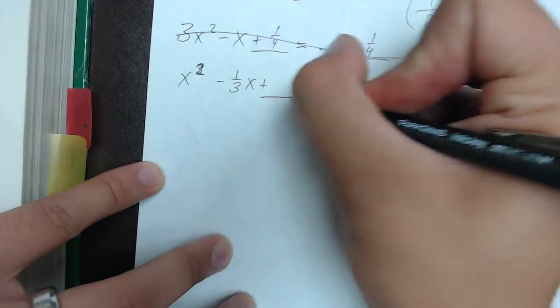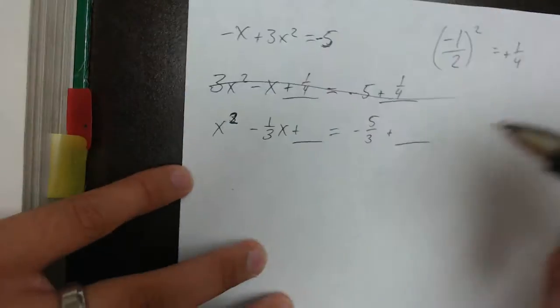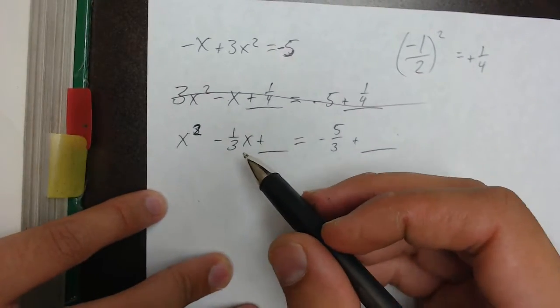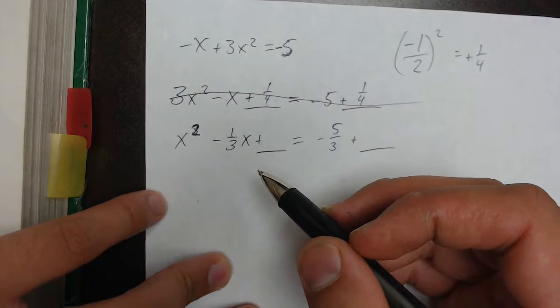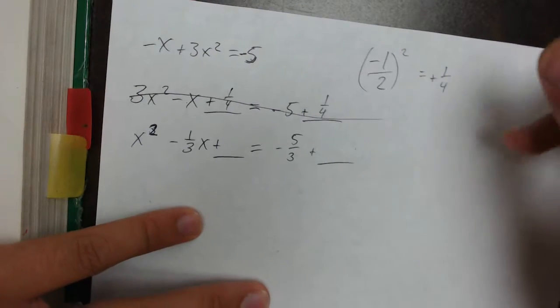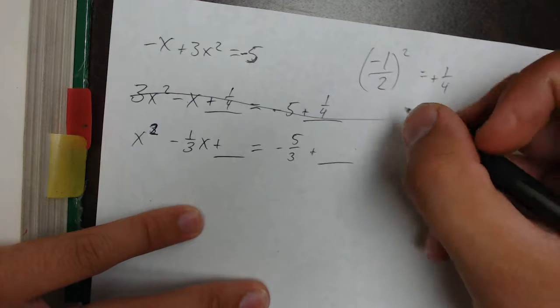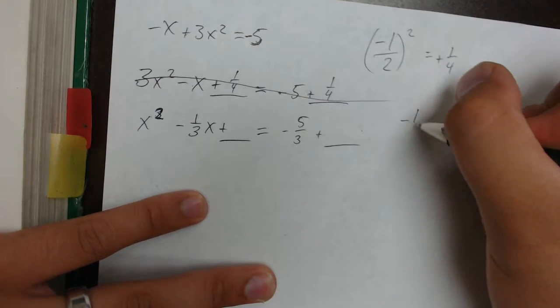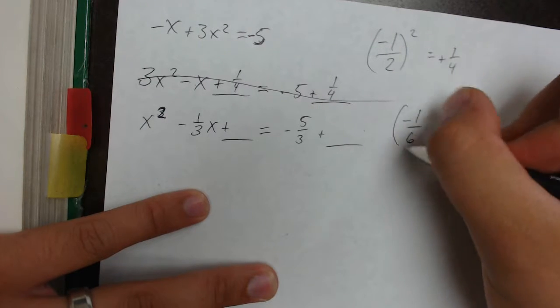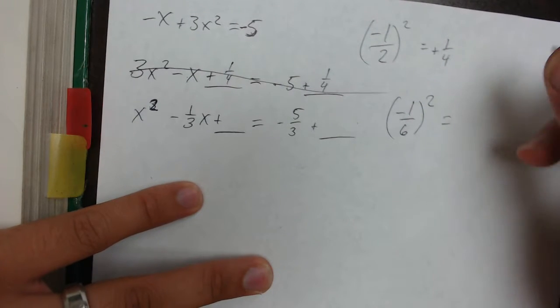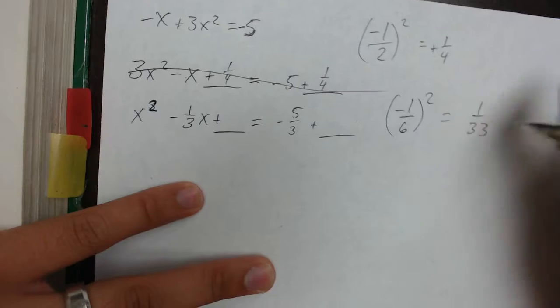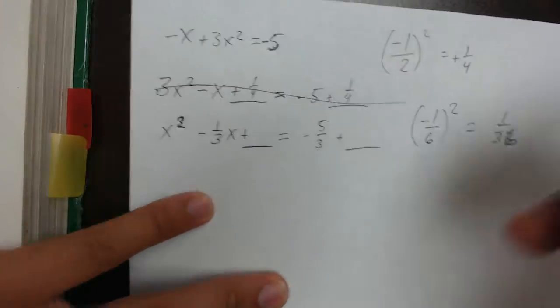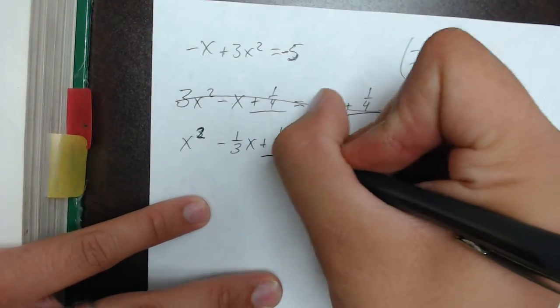And then we have room for our squared number. So then, again, we take negative 1/3, divide it by 2, which becomes negative 1/6. So we have negative 1/6 squared, which becomes positive 1/36. And that's what we add to each side of the equation, 1/36.